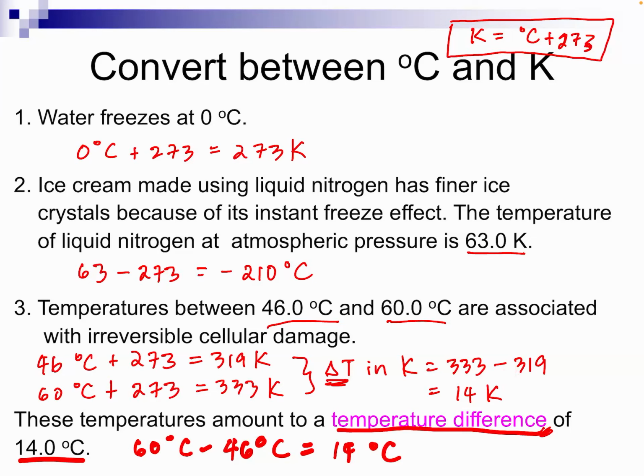Because of course, if you subtract these 2, doing the conversion and subtracting these two during the conversion process, 273 cancels each other out. Right? Okay, and so when you're doing the temperature difference, you can simply subtract the temperatures in Celsius and change that Celsius to Kelvin units without doing anything else. And you should come up with the same temperature difference.